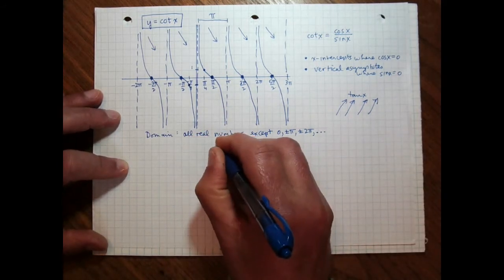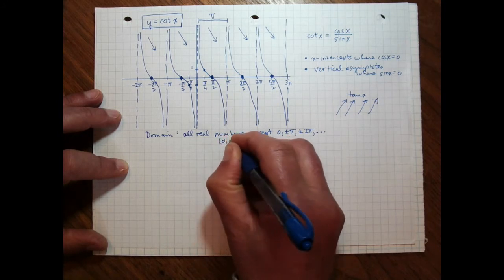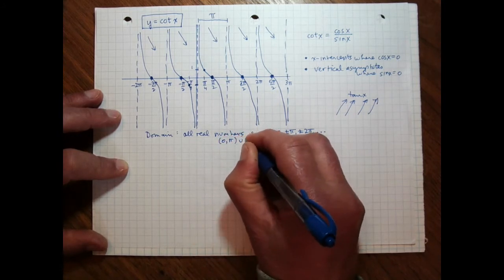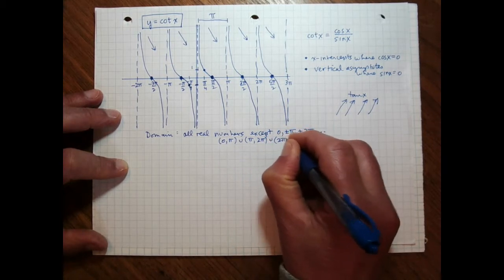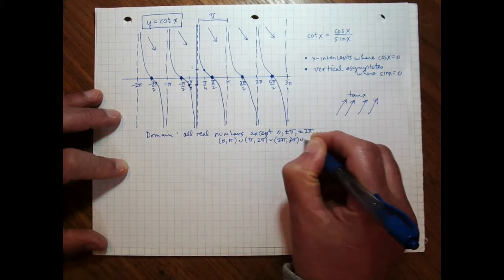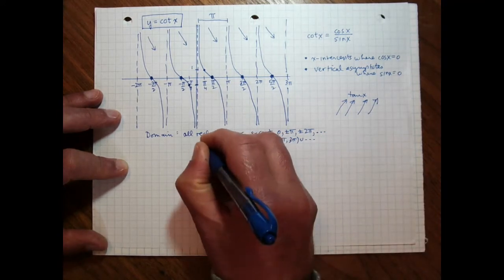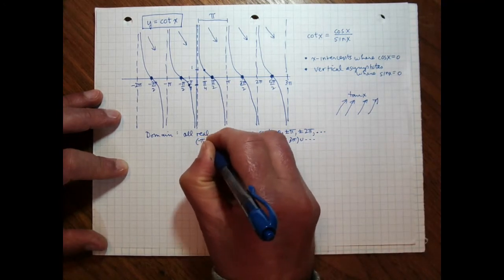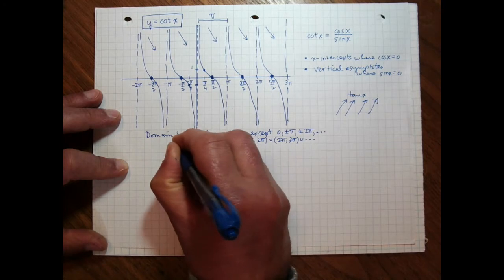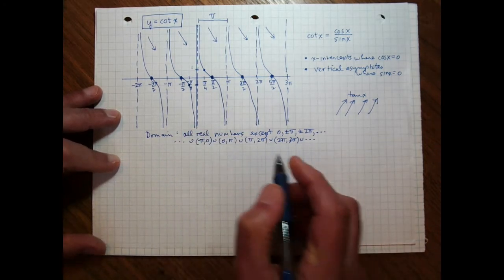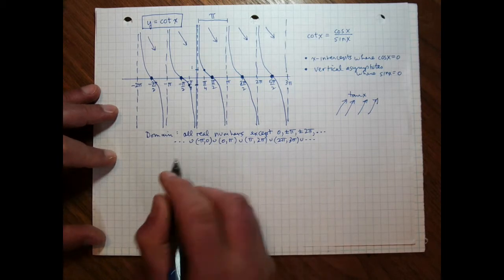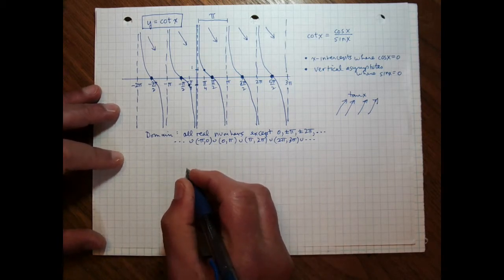And in interval notation, that would be 0 to pi, union pi to 2 pi, union 2 pi to 3 pi, and so on and so forth. Also negative pi to 0, union, on and on in the negative direction. So still a mess to write down. It's all x values except where the vertical asymptotes occur.